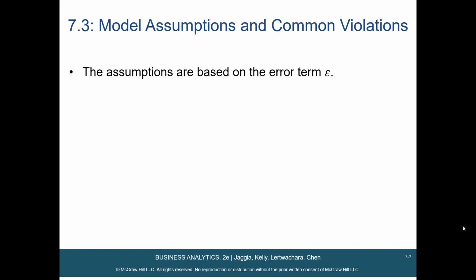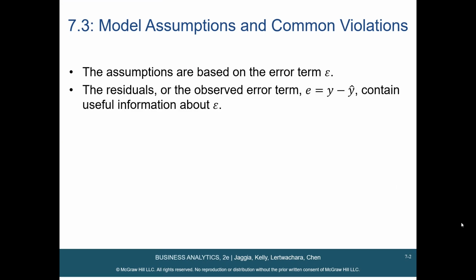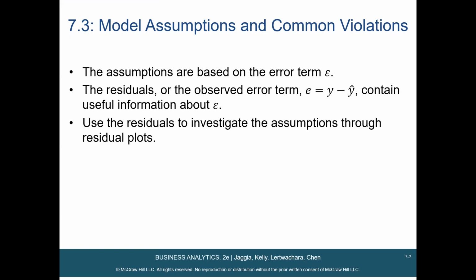As I told you, the assumptions are based on the error term epsilon, and the residuals give us a lot of information about that error term epsilon. Remember, those residuals are just the observed values of the response variable minus the value on the trend line underneath the observed value, at the same predictor value, the same x coordinate.